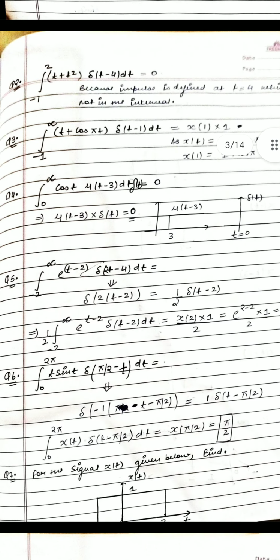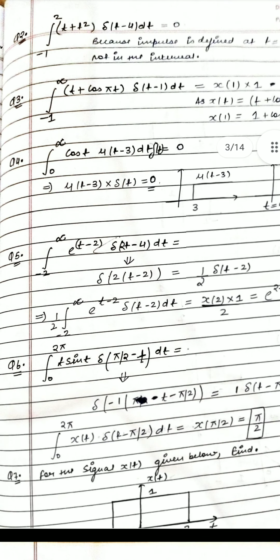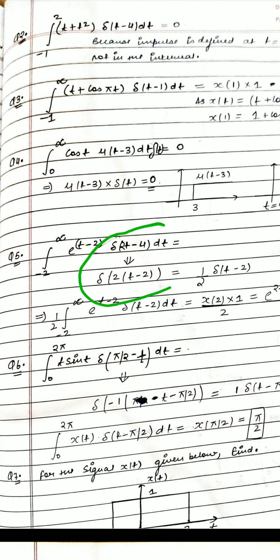Now next question, e of t minus 2 del of 2t minus 4 dt. Now del of 2t minus 4 can also be written as del of 2t minus 2, by applying one of the rules which I have already explained in the impulse property.